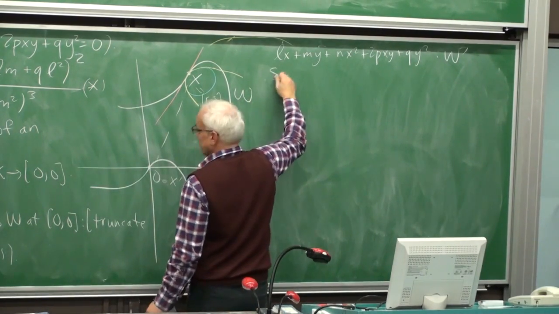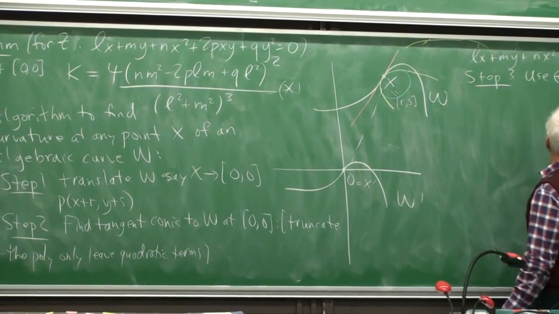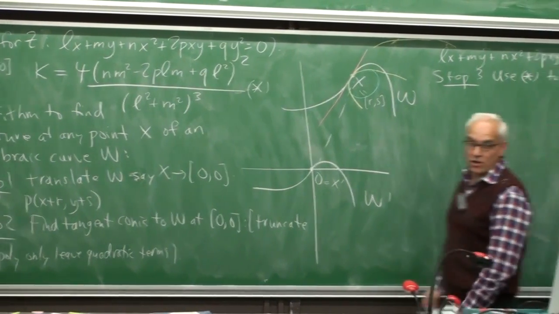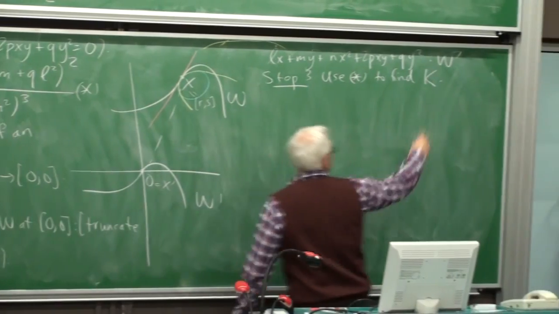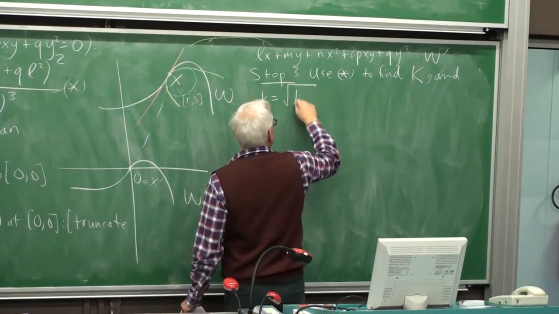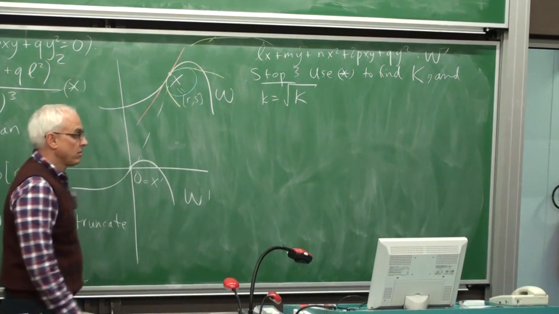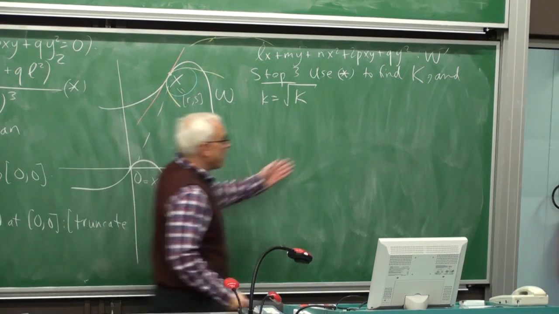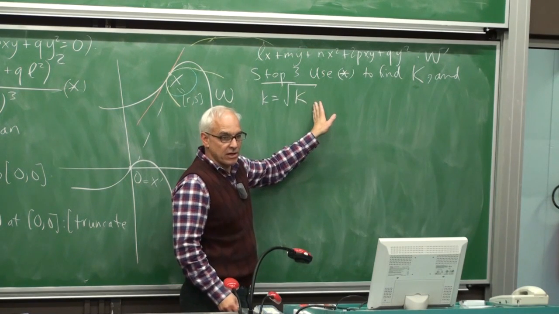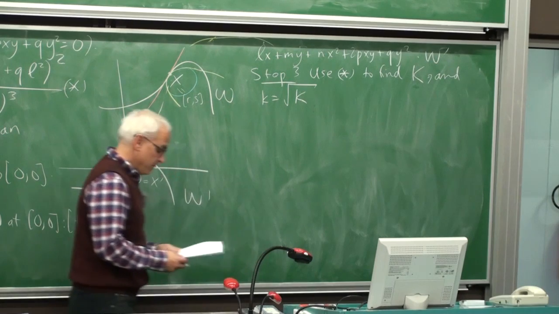So step 3: just use star to find the quadratic curvature. And if you want, take the square root to find the standard curvature. You'll probably be able to find capital K exactly, but this will necessarily involve an approximate value. But all right, that's the way it is.